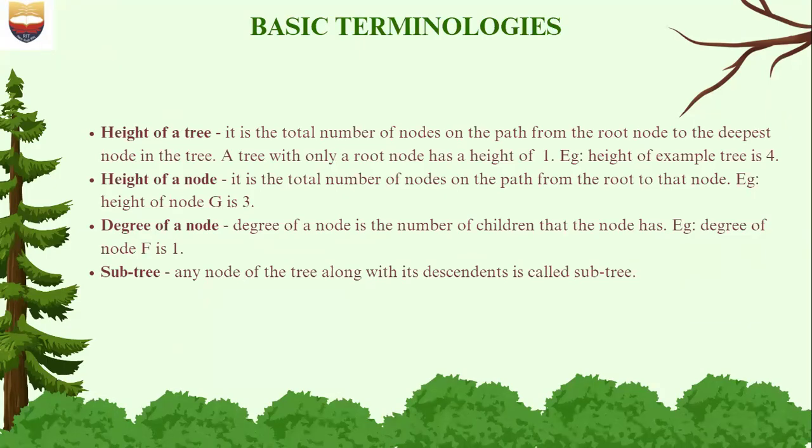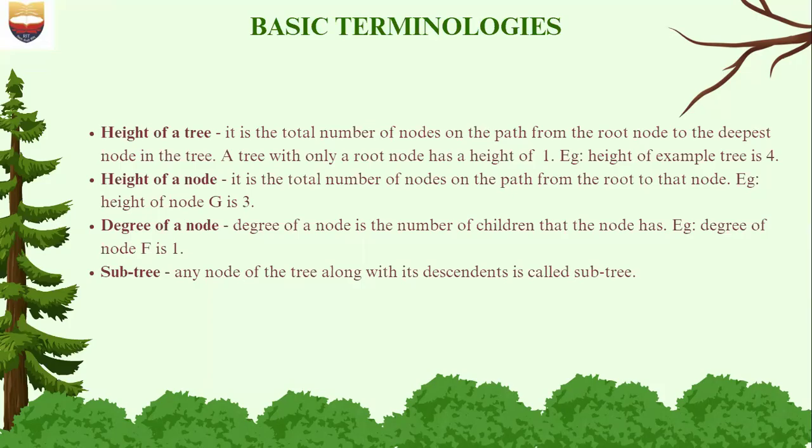The height of a tree is the total number of nodes on the path from the root node to the deepest leaf node in the tree. A tree with only a root node has a height of 1.